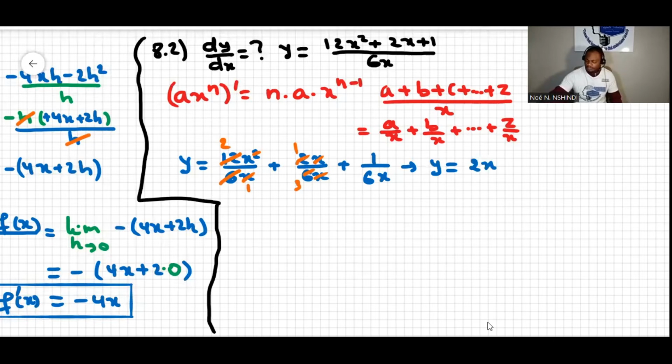And then 2x over 6x, so we simplify that. This is 1 over 3, just a constant part, plus 1 over 6x.